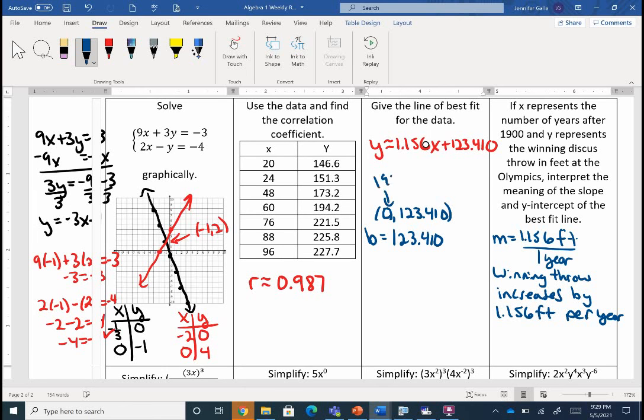So this would actually represent the year 1900. And then this is the winning throw. So 123.410 feet is the winning throw in 1900, or in that year.